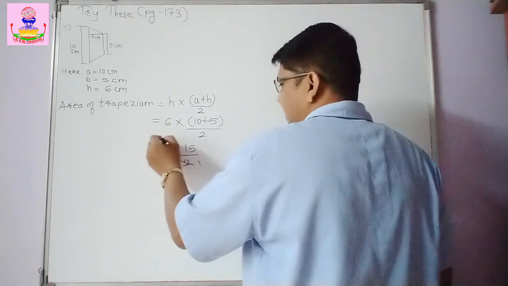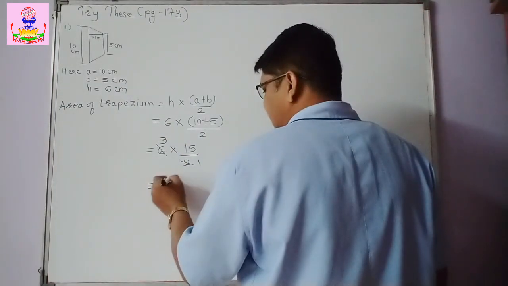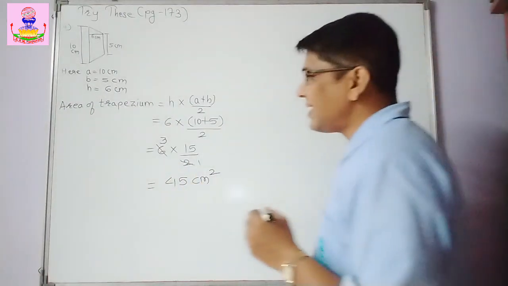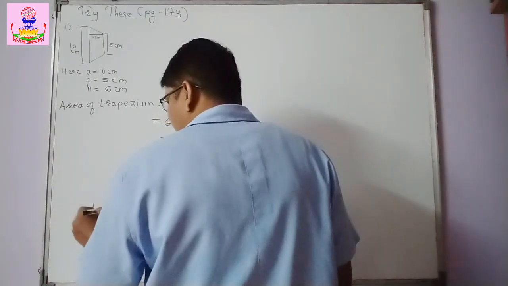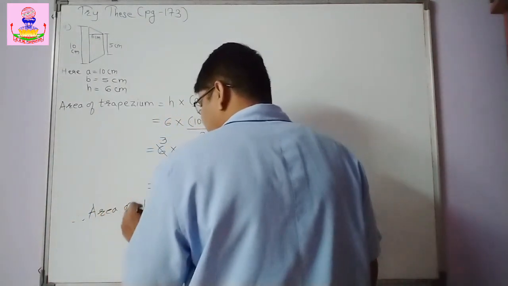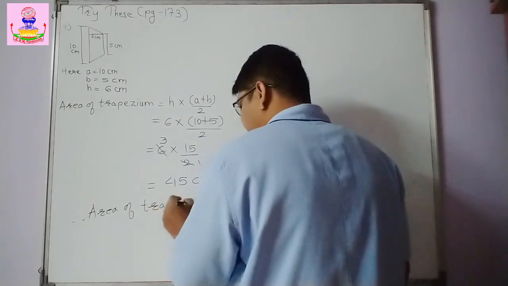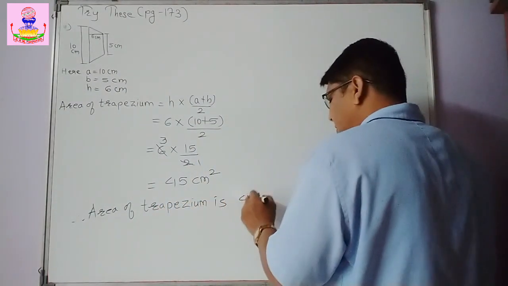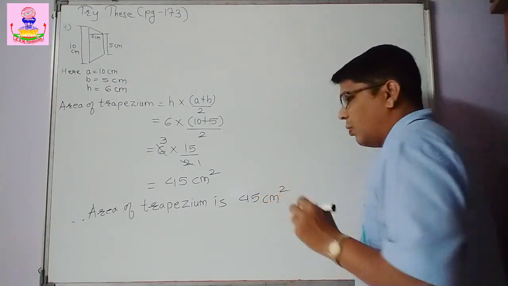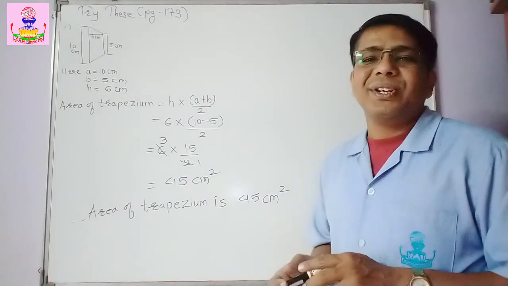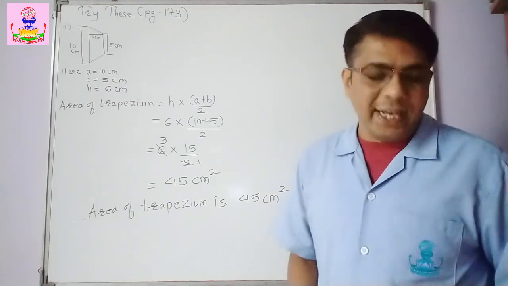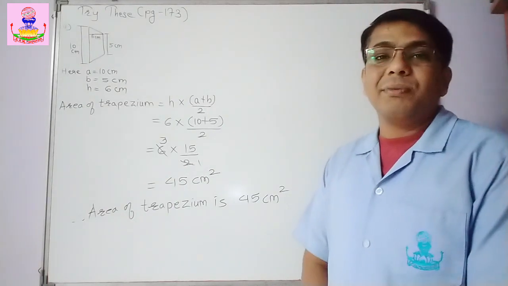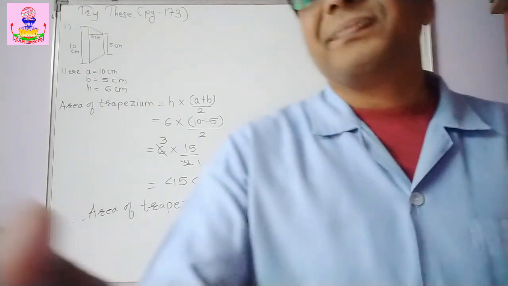So 2 ones are 2, 2 threes are 6, and 15 threes are 45 square centimeters. Therefore, the area of the trapezium is 45 centimeter square. The first example you will solve as homework. Now, again on page number 173, we will go for Do This.